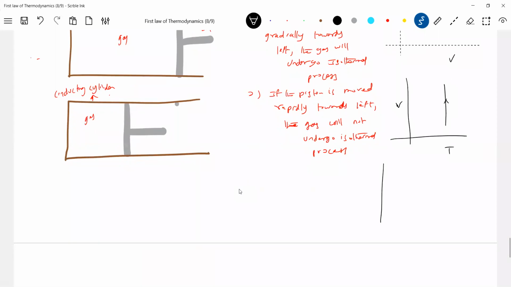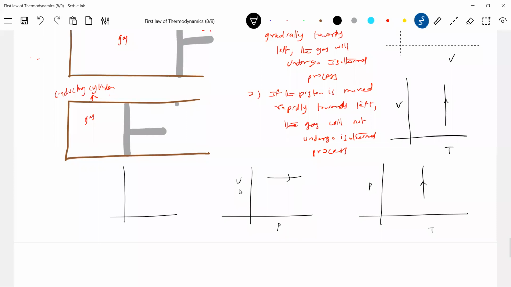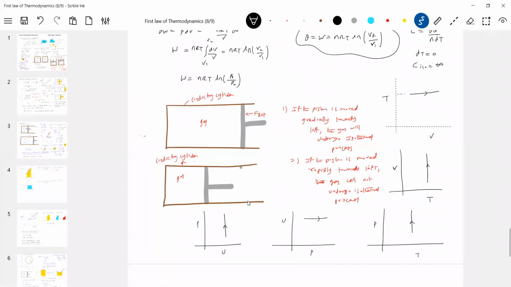Then pressure-temperature, intensity versus pressure, internal energy versus density graph, or density versus intensity graph. So different types of curves will come across.